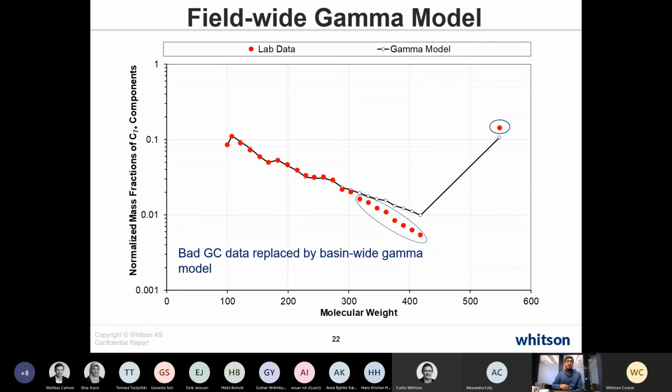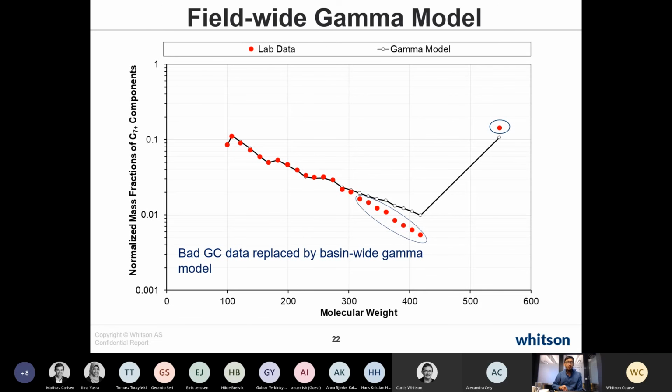FaceCom has the capability to use gamma model parameters as a regression to match your GC data, for example. But PVTP doesn't have that capability. So you still have to use the Excel sheet to find out what gamma model parameters are representative of your field, and then maybe use them in PVTP for the distribution.